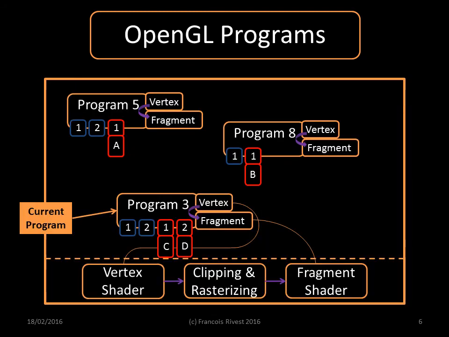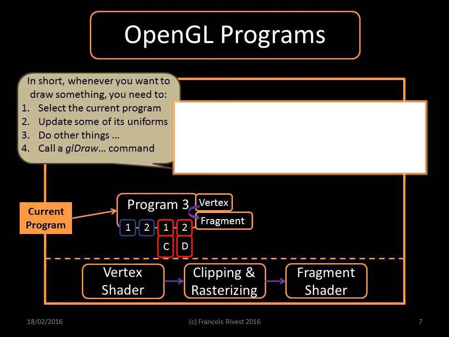Okay, so to wrap up, basically you have all your programs in OpenGL that you may have loaded, compiled, and linked. And one of them is the current program. Whichever it is doesn't really matter. But whenever you want to draw something, there's a couple of steps you need to do. The first one is to select the current program, calling glUseProgram.